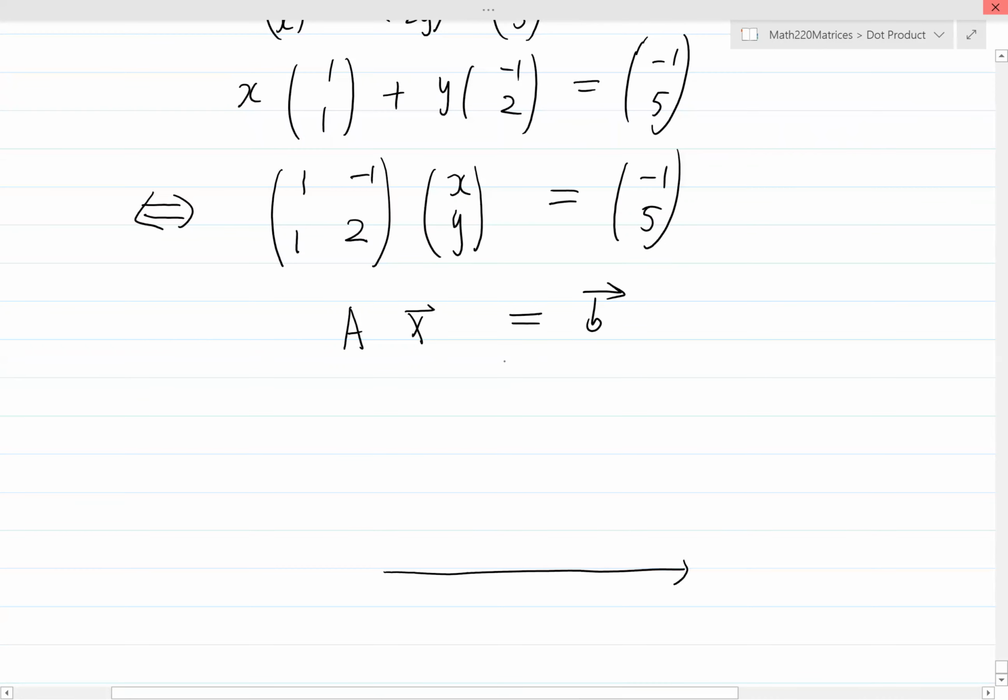The vector (1, 1) is in this direction. The other vector is (-1, 2), here. And we have another vector, which is (-1, 5).